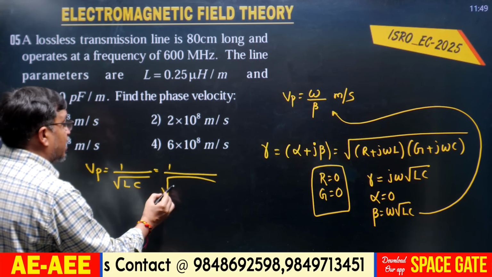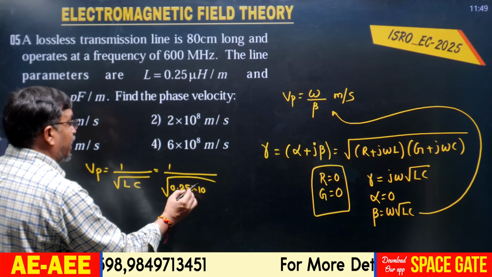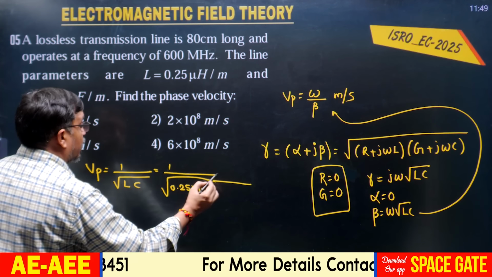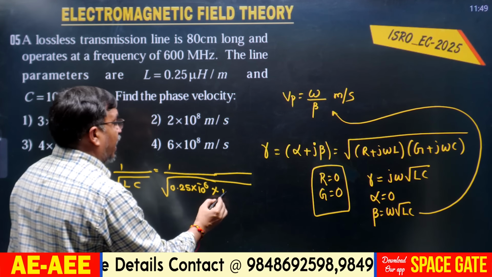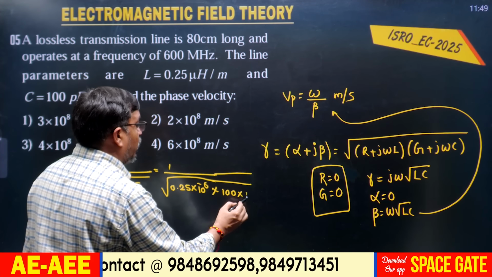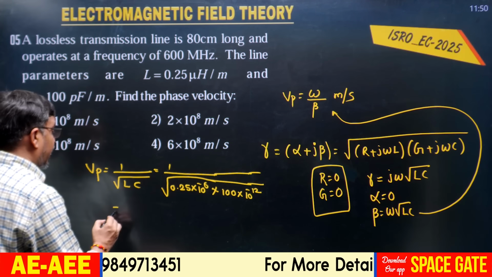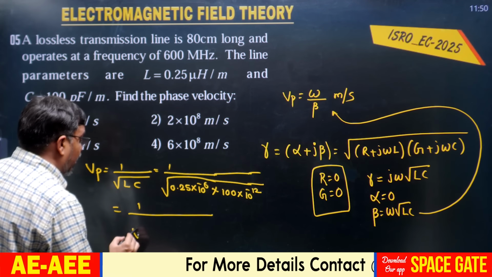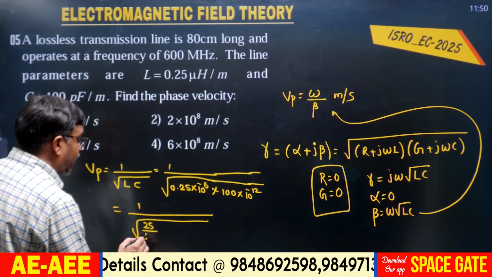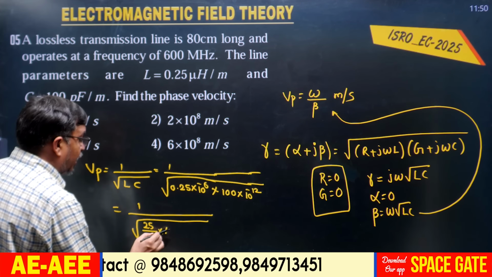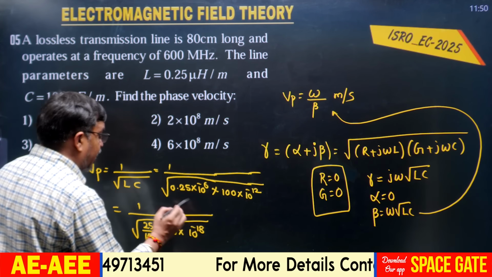L is given as 0.25 into 10 power minus 6, micro. And capacitance value is given as 100 pico, 100 into 10 power, pico means what? Minus 12. Then that equals 1 by under root of 0.25, I am writing as 25 by 100 into 100, 10 power minus 6 into 10 power minus 12, that is 10 power minus 18.